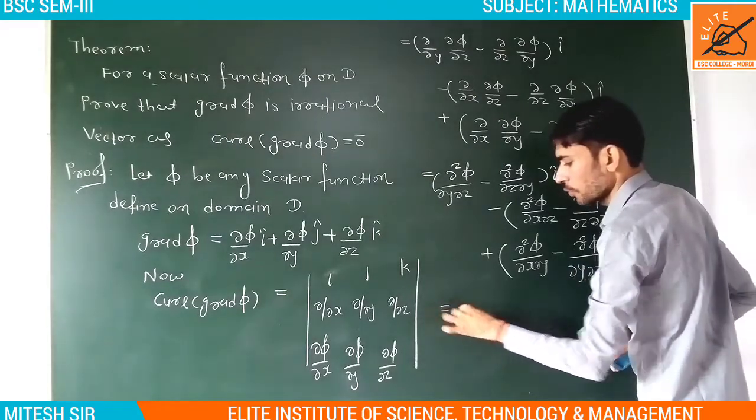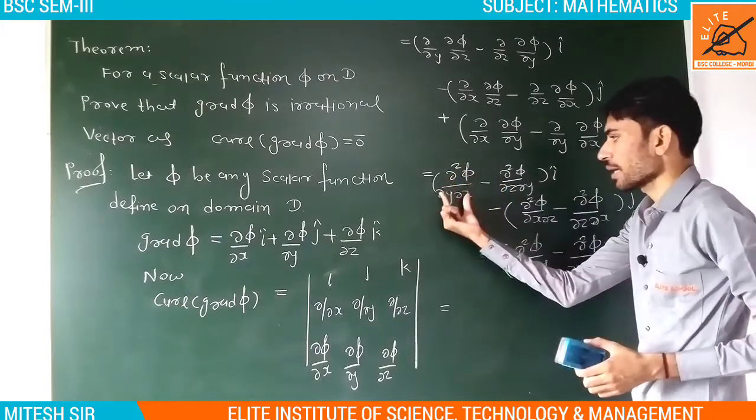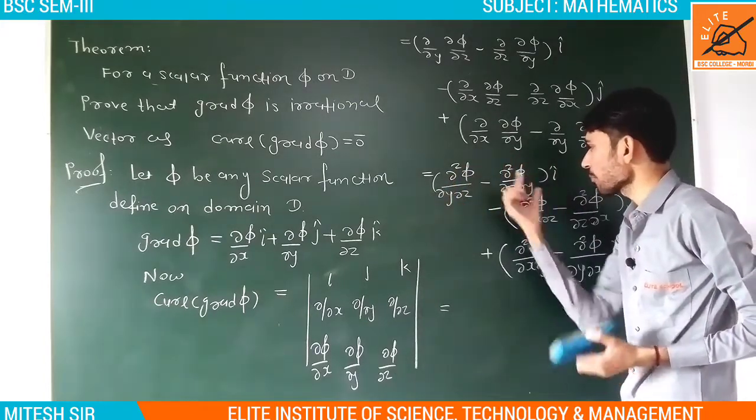As we know the rules of partial derivative, del square phi upon del y del z is the same as del square phi upon del z del y.